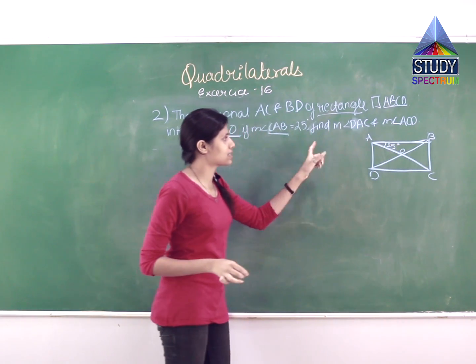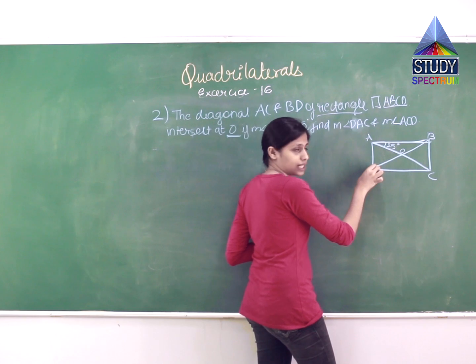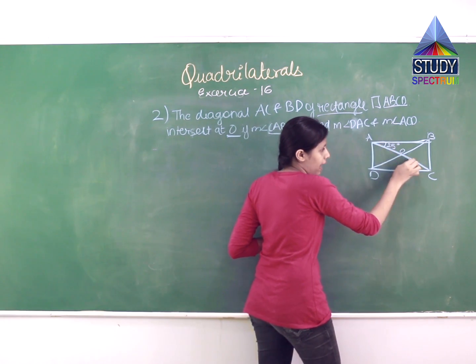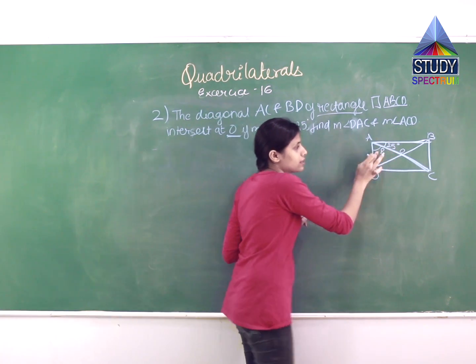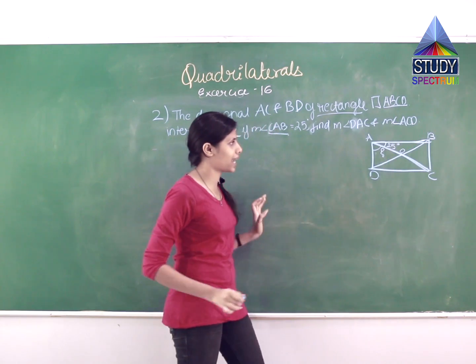And now what they are asking: find measure of angle DAC. Where is D? This is D, this is A and this is C. So they are asking you the measurement of this angle and angle ACD. Now where is A?